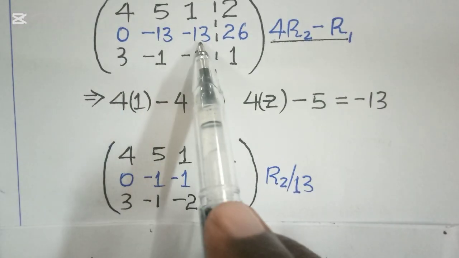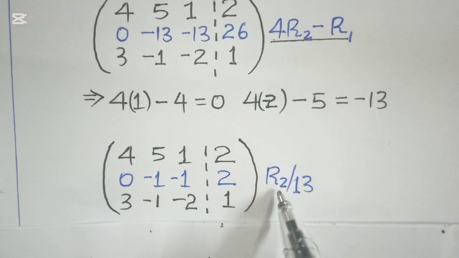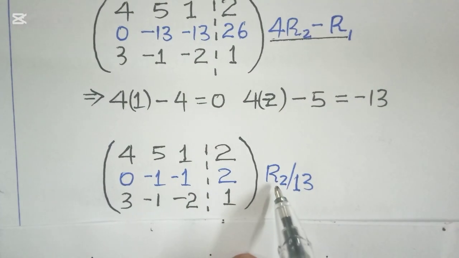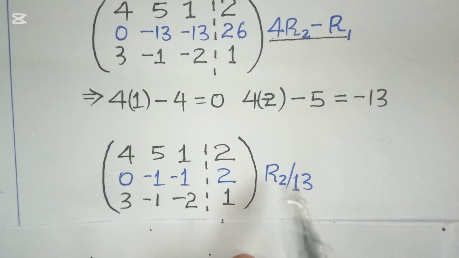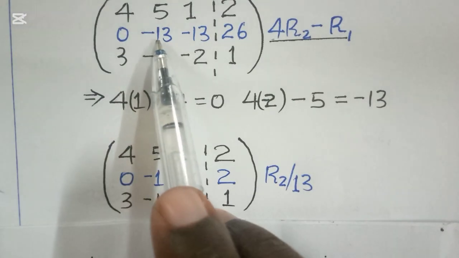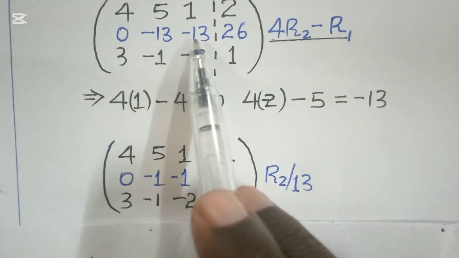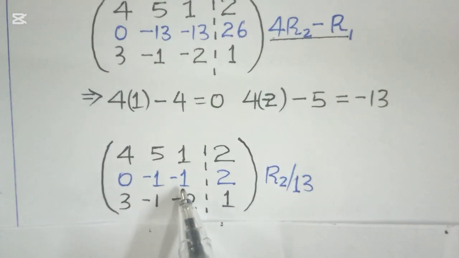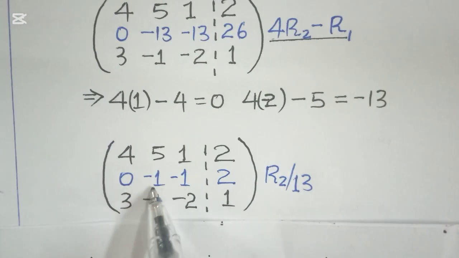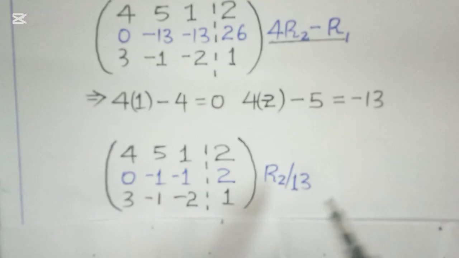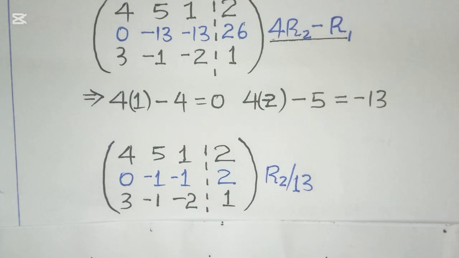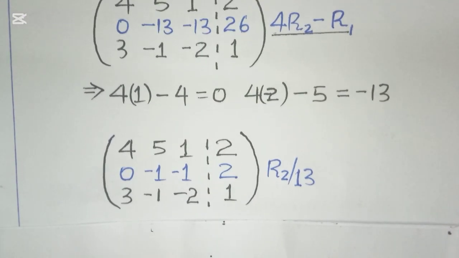What have I done? I have divided R2 by 13. That is, -13 divided by 13, you get -1. 26 divided by 13, you get 2.